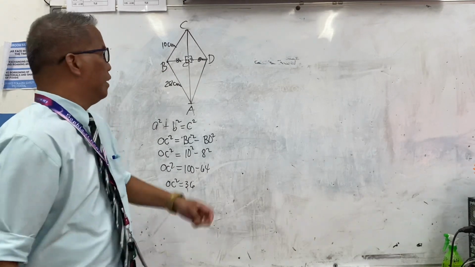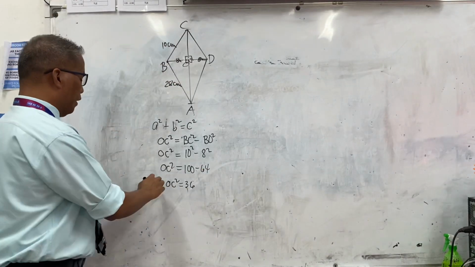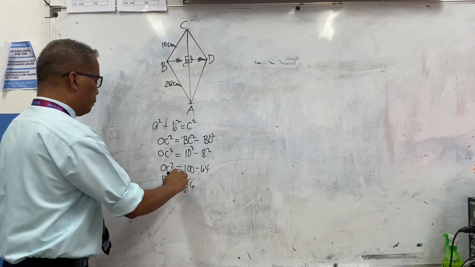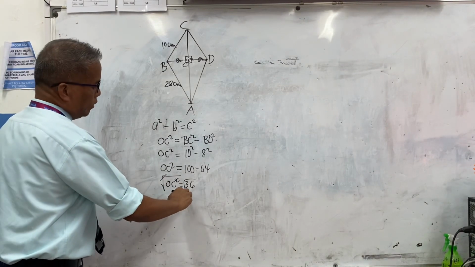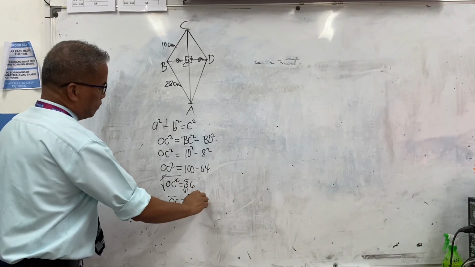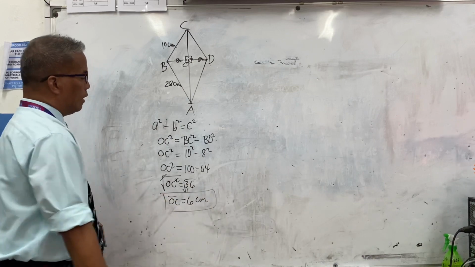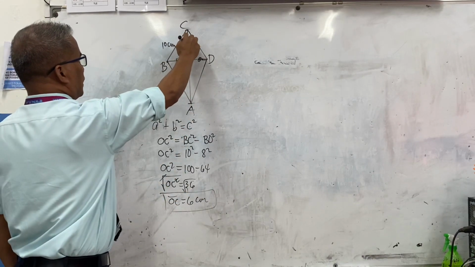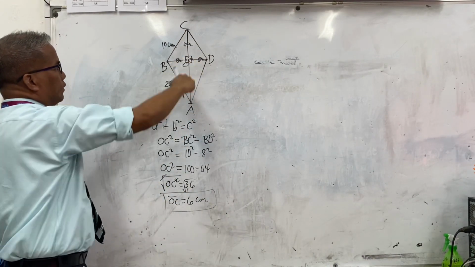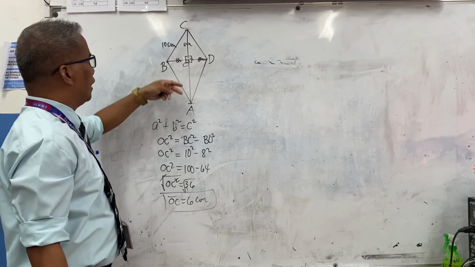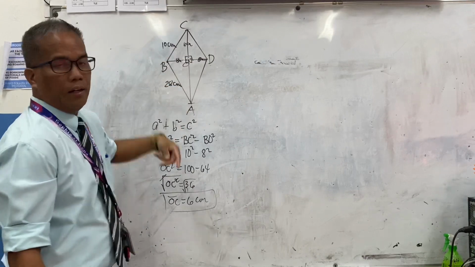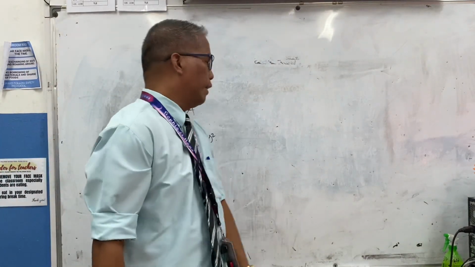Then to find segment OC, we apply the square root property. So segment OC is equal to 6 cm. Now this is 6 cm. Then we are going to find also segment OA in order to find the length of the longer diagonal.